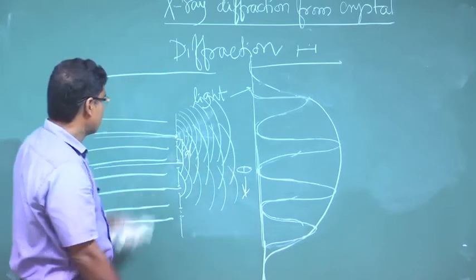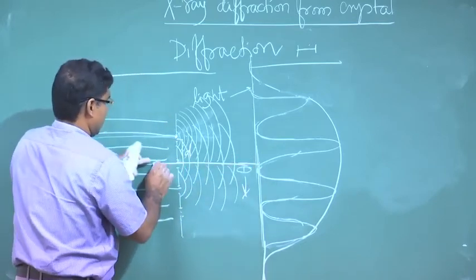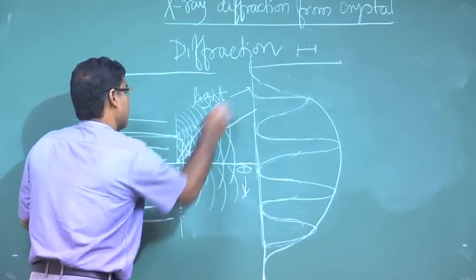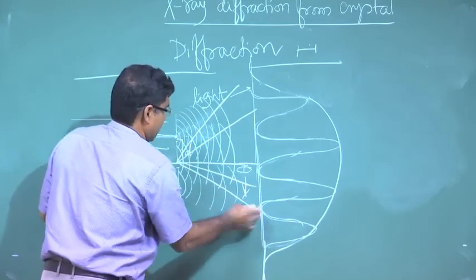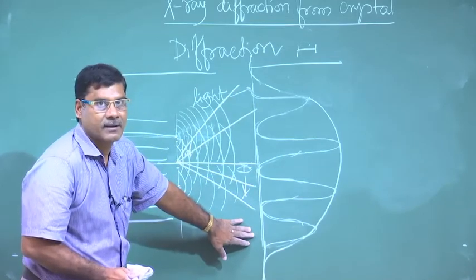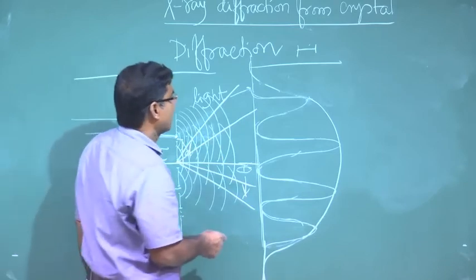What is the angle theta? It is the angle with respect to the incident direction, forming a different angle at a different position. We call it the diffraction angle, or diffracted angle.